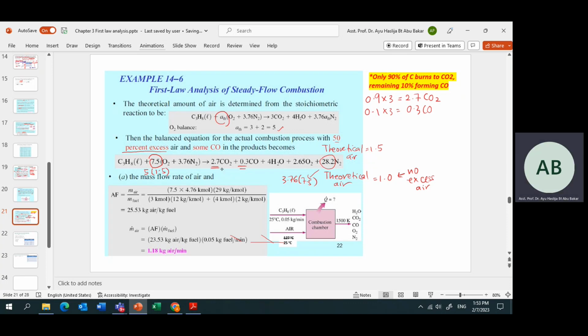Now we already have all the info. Generate the finalized combustion equation. Okay, so to find the mass flow rate of the air, we know that AF is equivalent to M air over M fuel.